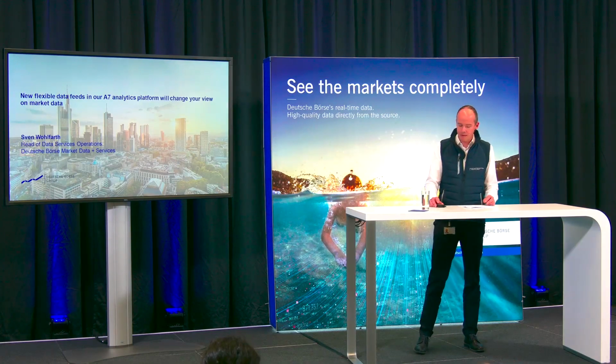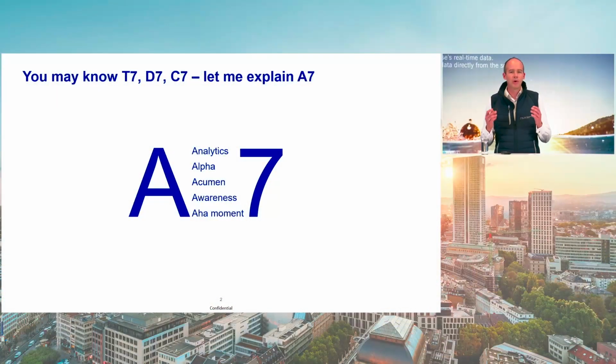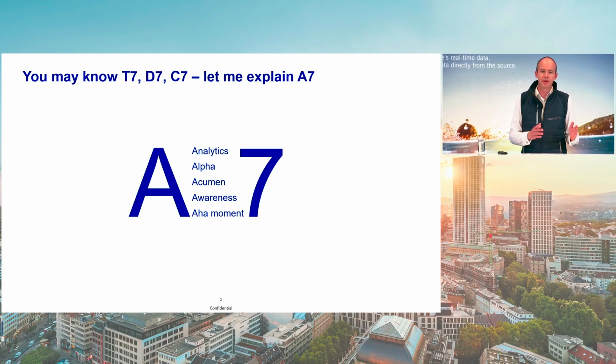So, welcome everybody. So perfect. A7, what is A7? You may know T7 environment, you may know D7 or C7. Let me explain what A7 really is. A couple of years back, we only sold more or less raw data to the market.